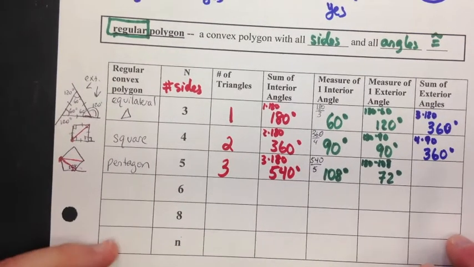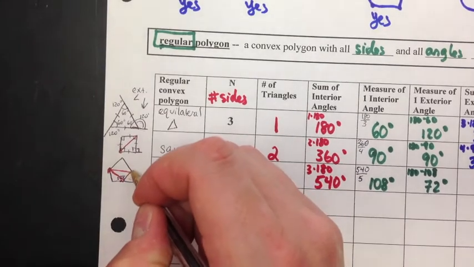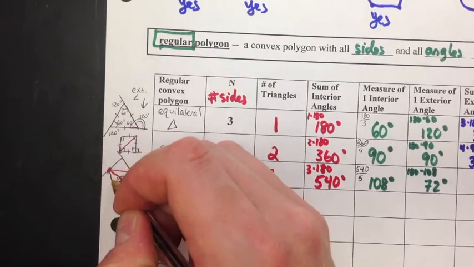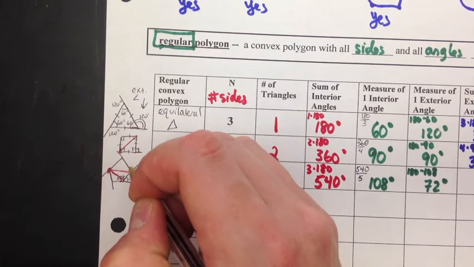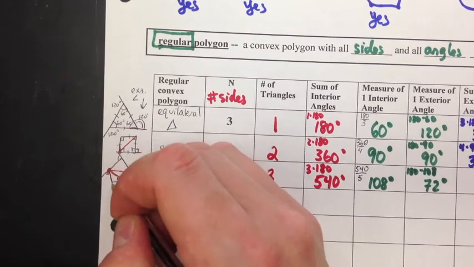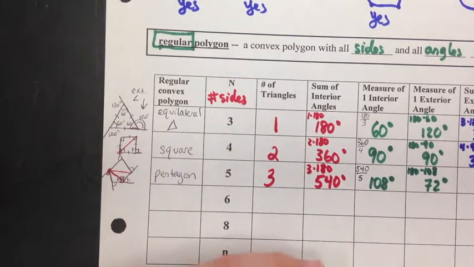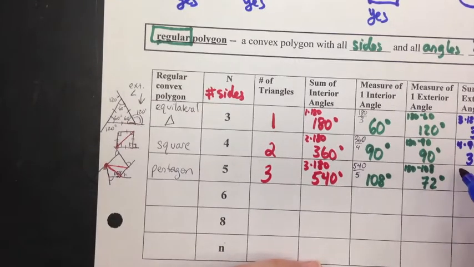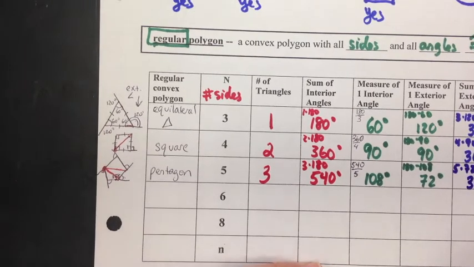In a pentagon, though, if I draw this, 5 sides, and then I'd have 1, 2, 3, 4, 5 exterior angles. So if I have 5 of those, and each one is 72, what I get is 360 degrees.